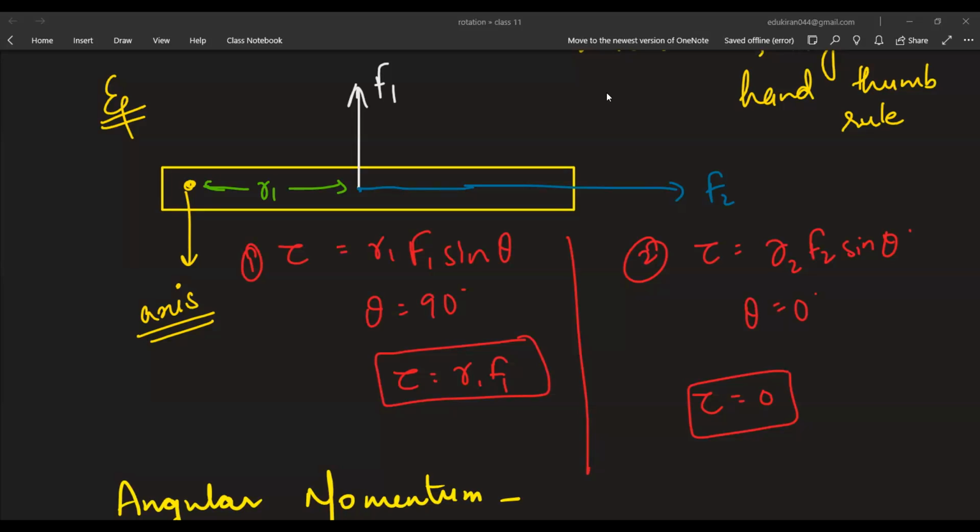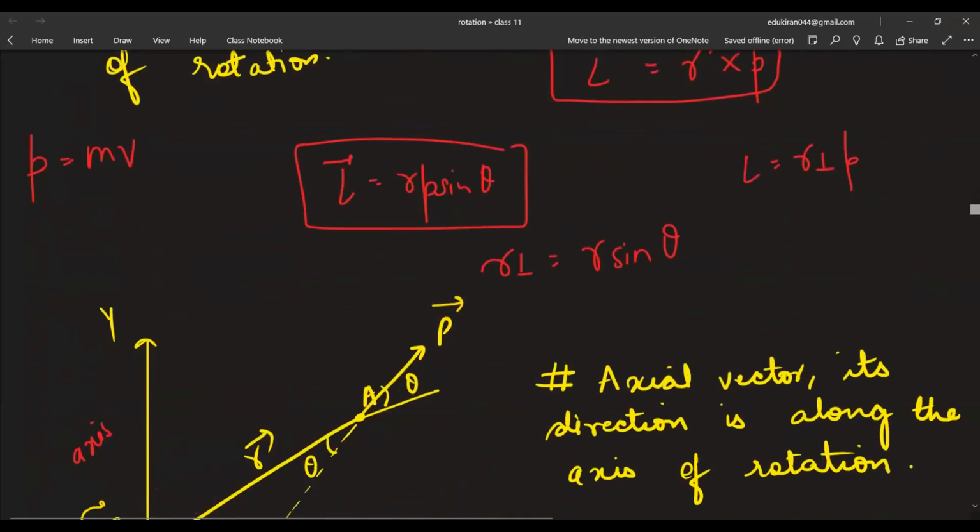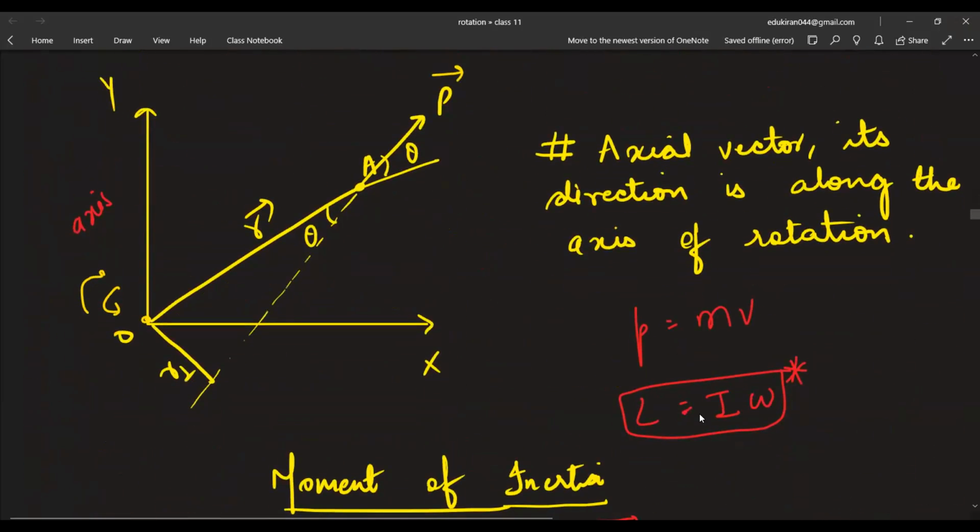So linear momentum is mass into velocity, but when you're talking about angular momentum, radius is also multiplied. It becomes R cross P. We're multiplying it. And it's also an axial vector. The direction is, again, and yes, I omega. This is something new, but this we'll be discussing in today's class.